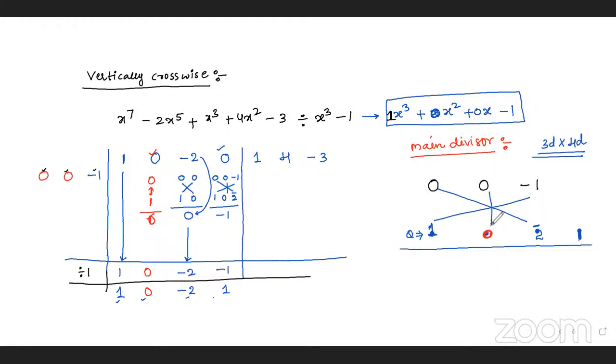Now see, whenever you complete 3 digit into 3 digit, what is the next step? Our next step will be again 3 digits only. Again 3 digits, that means 0, 0, -1. Next 3 digits, you can see.